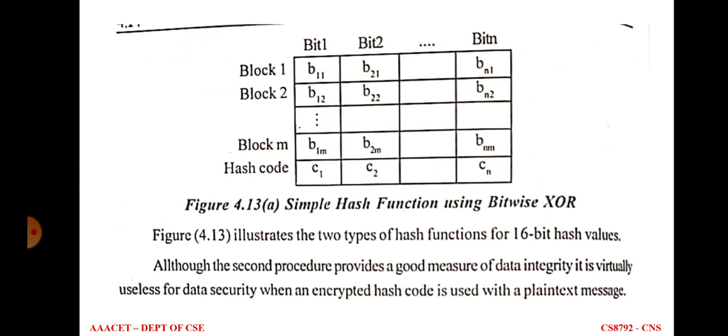So this is the format where we can split the input block by block. We split the first block B11, then the second block, and the fourth block, and so on. Similarly we can do it for all blocks, and each block value is split up by bit, and finally we can perform the hash function to produce the hash code, that is C1 up to Cn.